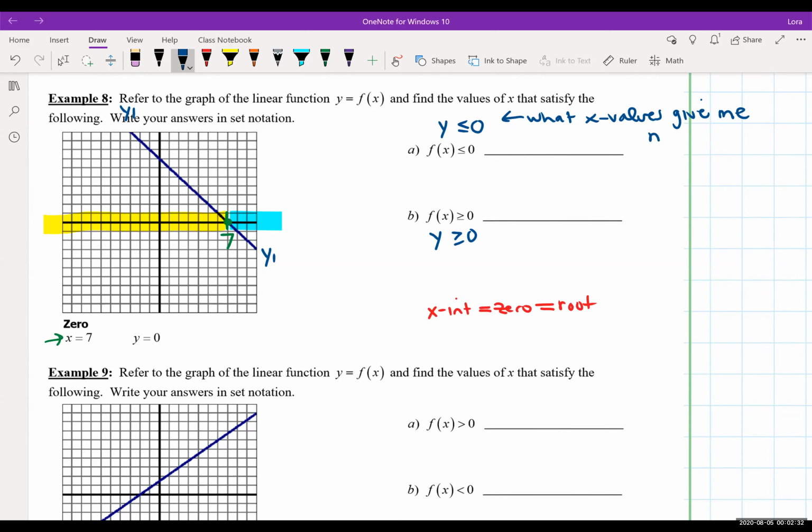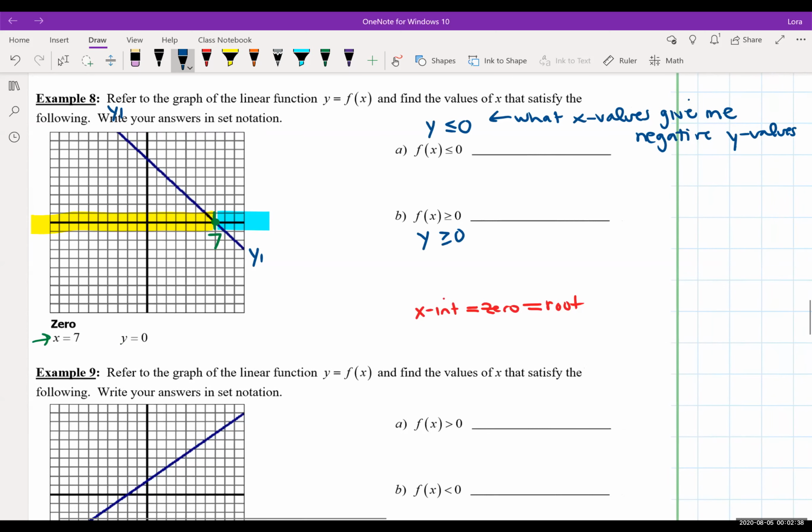We would be looking at negative y values. And if we want to interpret this in terms of part B, the question you have to ask yourself is, what x values give me positive y values?